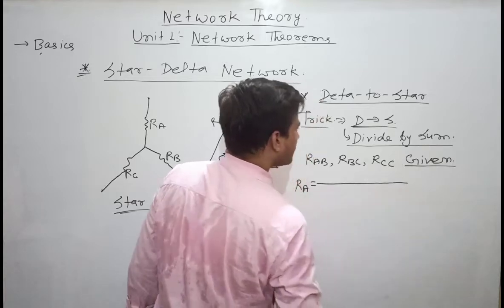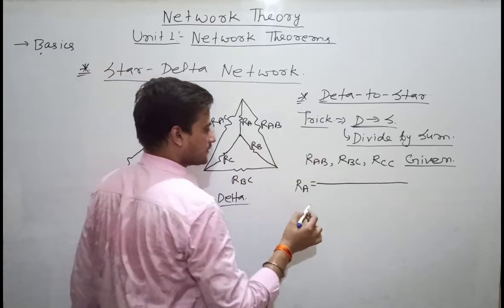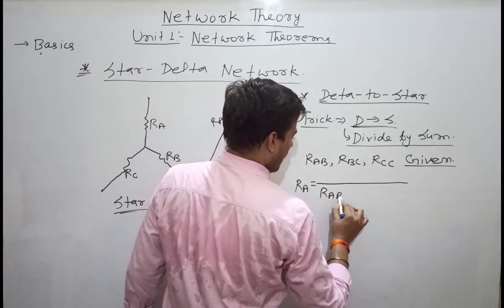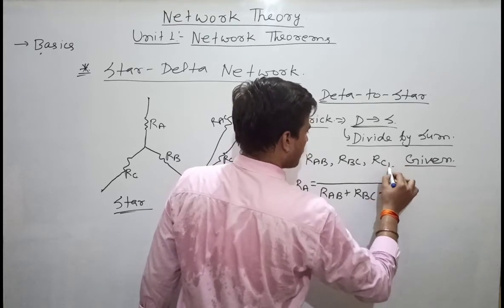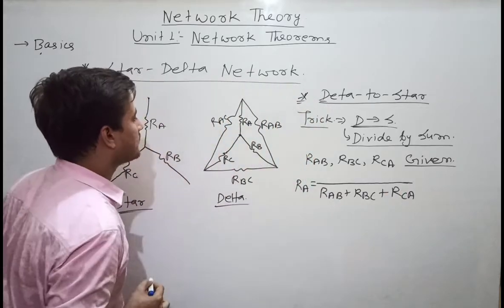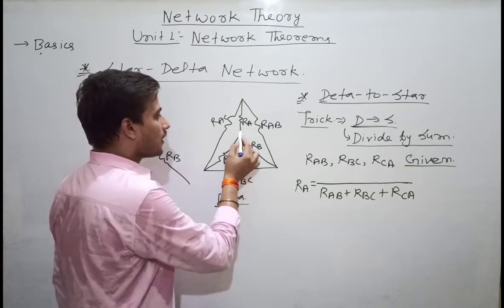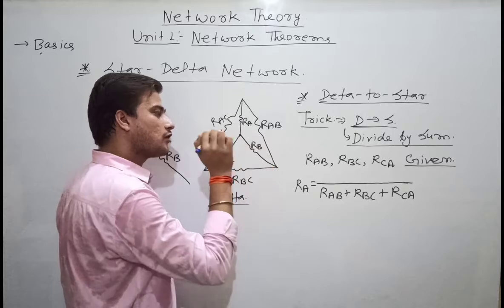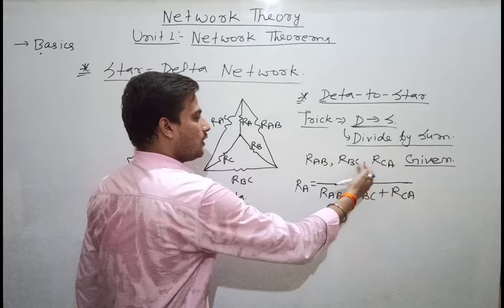Here you see, divide by sum. That means at the denominator it will be the sum of all three resistances, that means RAB plus RBC plus RCA. Clear? Now at the numerator, you are finding RA. For RA, at the numerator there will be the product of two resistances, because ultimately the unit of the whole term will be ohm.